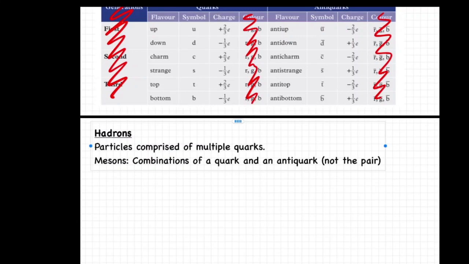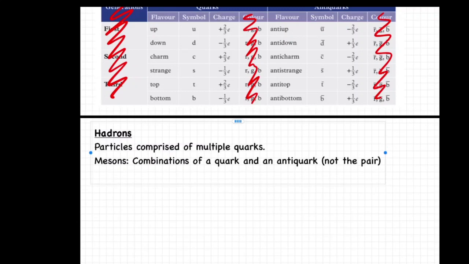It's just not this quark and its antiquark, because again, that would annihilate. So you can put an up and an anti-strange, and that's fine. You cannot put an up and an anti-up together. That would annihilate, okay?